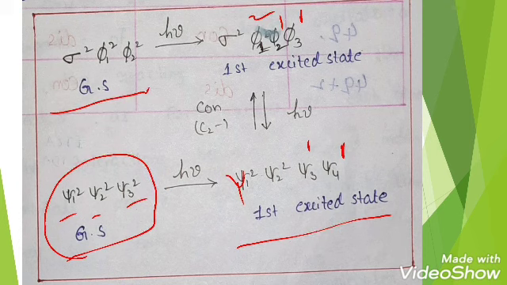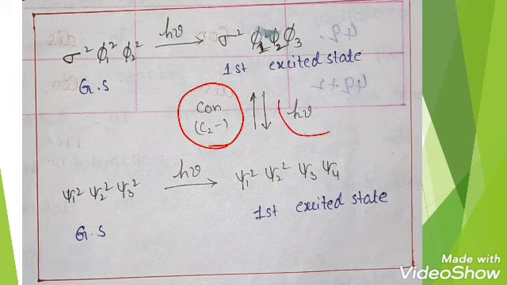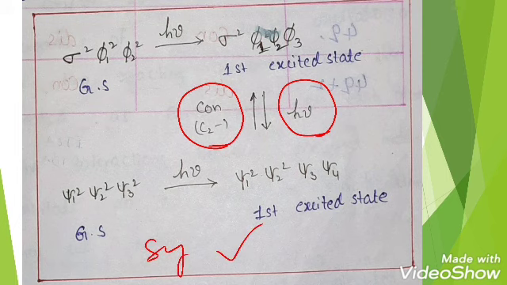Hence, the conrotatory interconversion of cyclohexadiene to hexatriene is symmetry allowed under photochemical condition. So, the conrotatory interconversion of cyclohexadiene to hexatriene under photochemical condition is symmetry allowed.